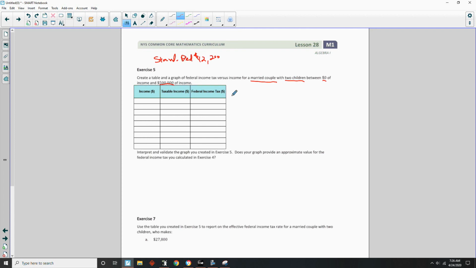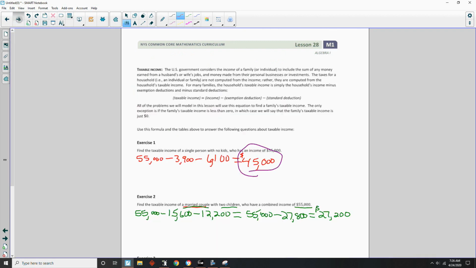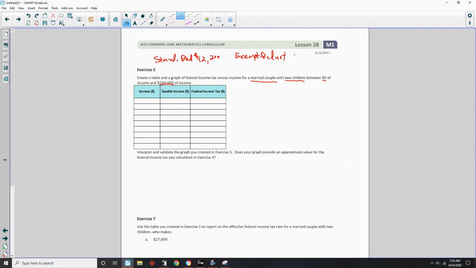And an exemption deduction, so now we need to know what the exemption is. And I go back, and that is a married couple with 2 children. Exemption deduction is $15,600. Okay, so I'm just taking little notes here. Standard deduction $12,200 and exemption deduction $15,600.